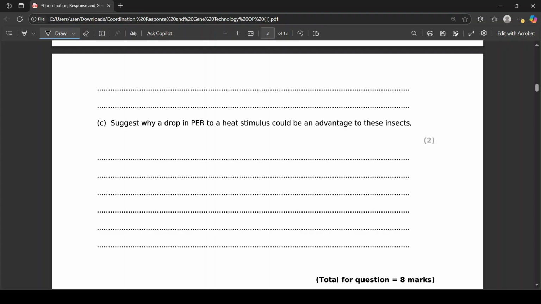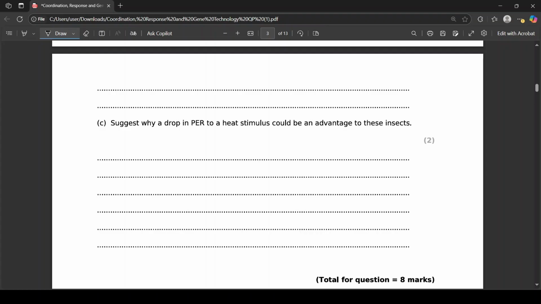So in a way you can say that the heat stimulus the insects are receiving is due to not being exposed to this kind of environment or change in the environment before. So now they react accordingly to the change.